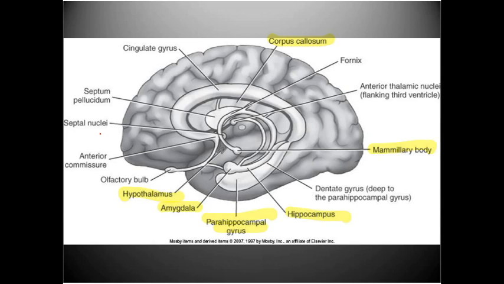So this image just shows you what we're actually looking at. We have the corpus callosum, the hippocampus, the medulla, parahippocampal gyrus, hippocampus, mammillary bodies.